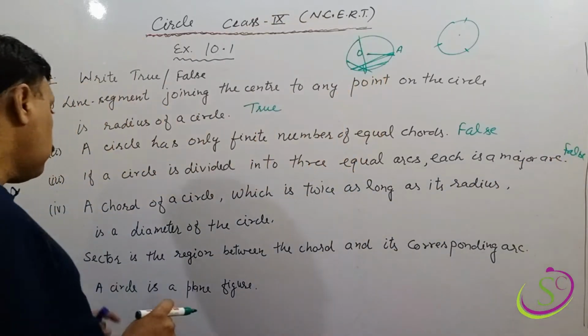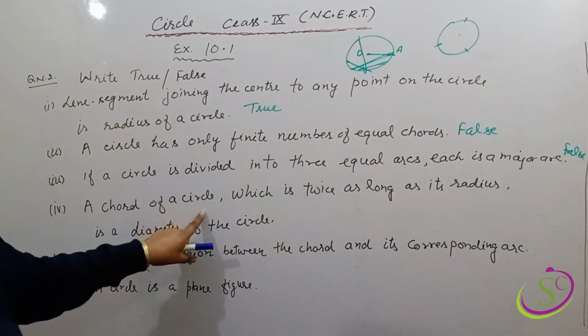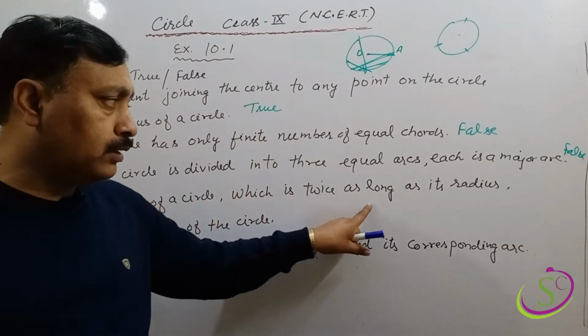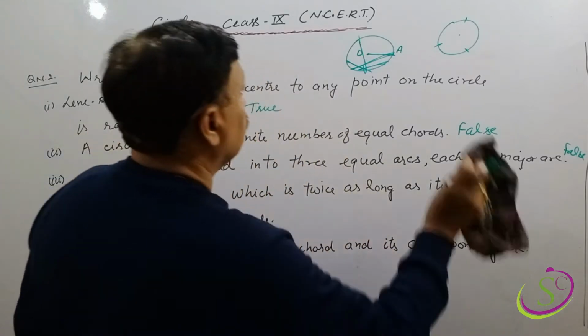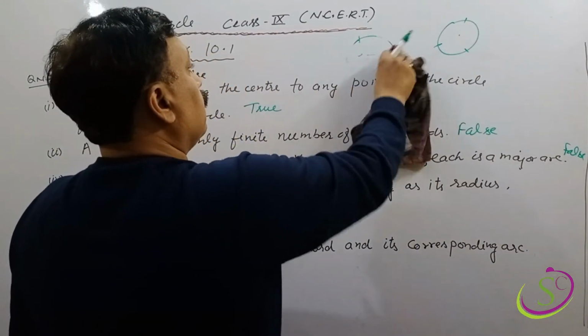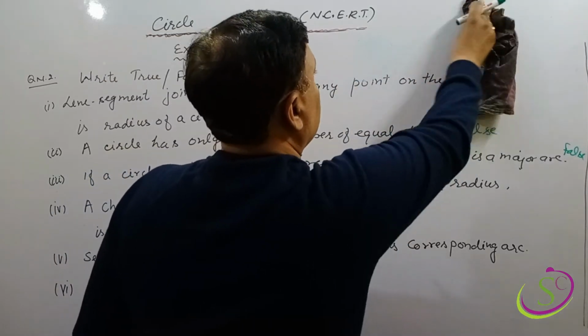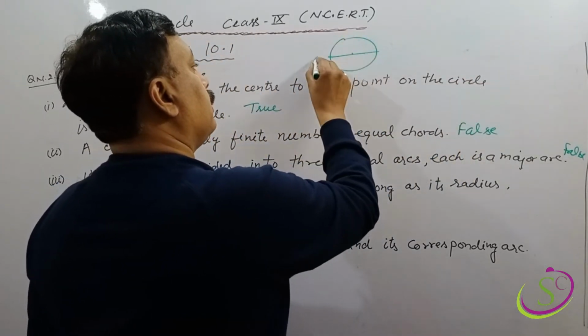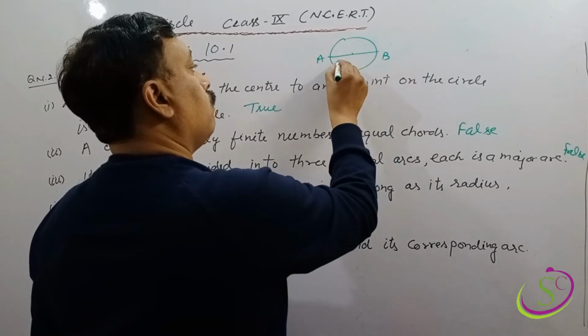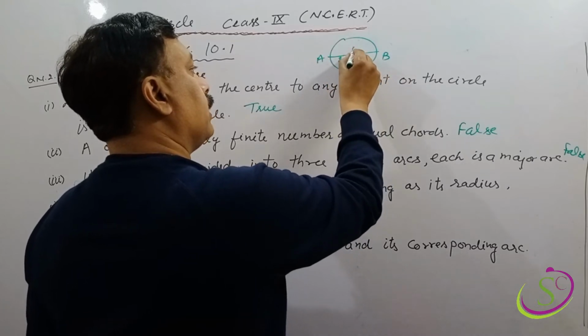Clear? A chord of a circle which is twice as long as its radius. Yes, this is a circle and AB is the diameter. One R is this, one R is that, is the center.